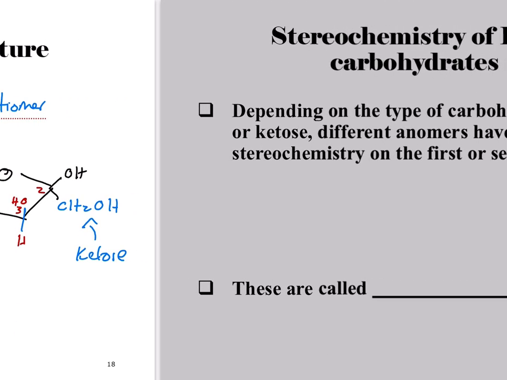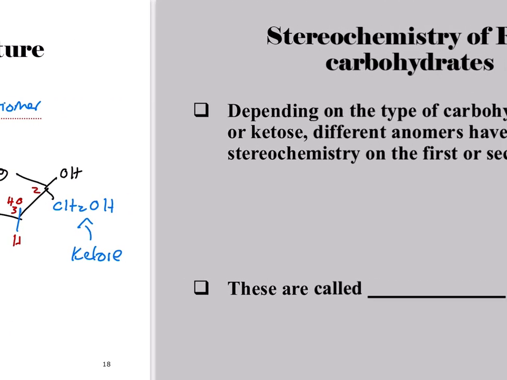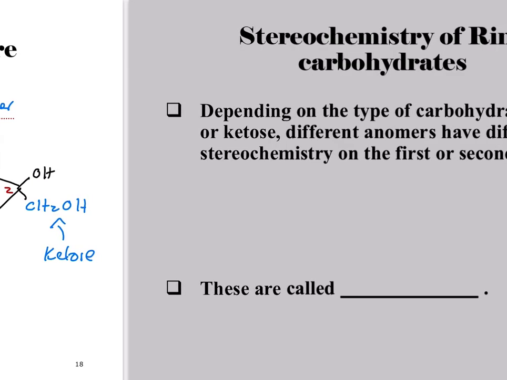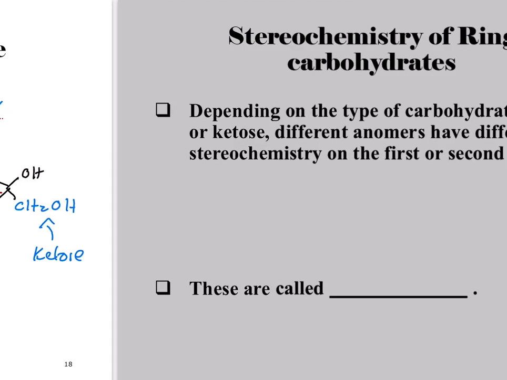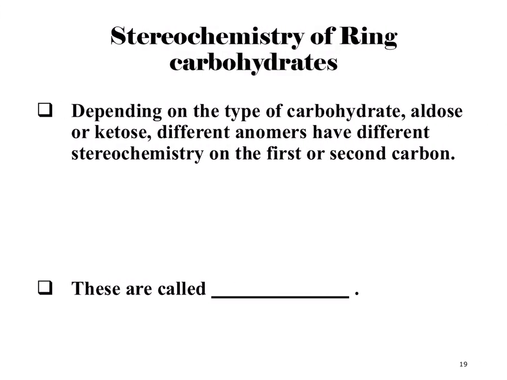Okay, and so the last thing that I'll talk about before we end, since I'll probably finish carbohydrates on Thursday and then start proteins, is the stereochemistry of the ring structures. Depending on the type of carbohydrate, the aldose or ketose, different anomers have different stereochemistry. These are a specific type of enantiomer called anomers.